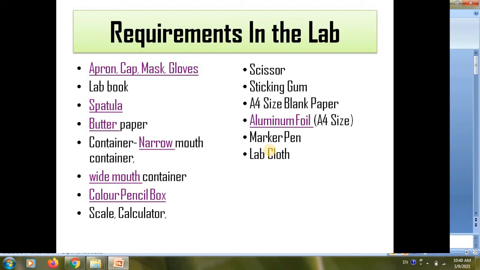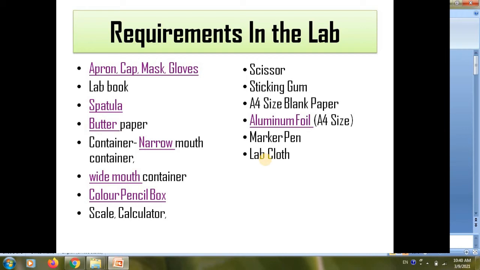Before preparation and after preparation, you have to clean your own area. For that purpose, cleaning of the table and glassware, you require a lab cloth, and the lab cloth should be lint free, because there should be non-dust, non-lint material.